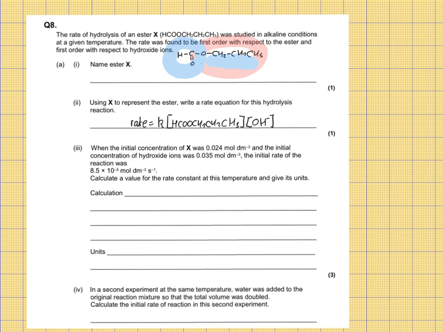The carboxylic acid it came from must be meth, because there's 1 carbon here. So it came from propanol and methanoic acid, so the name of the ester is propyl methanoate.